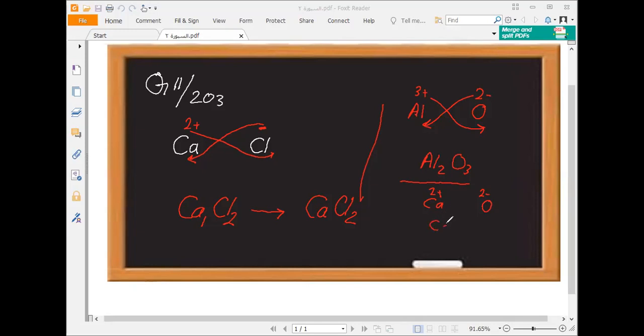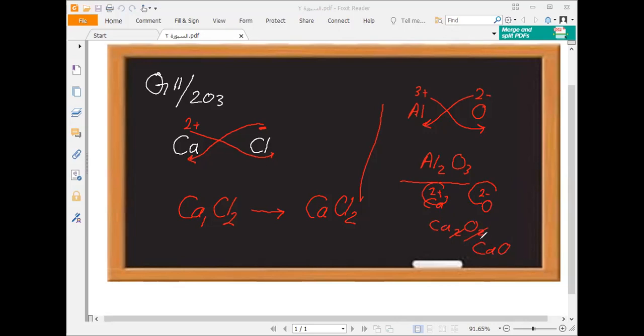Yes, you can simplify and get rid of them. So it's going to be CaO. So when the charge of the cation equals the charge of the anion, just the opposite sign, we just write the 2 symbols of the elements in the compound.